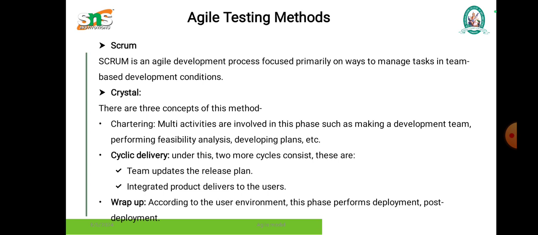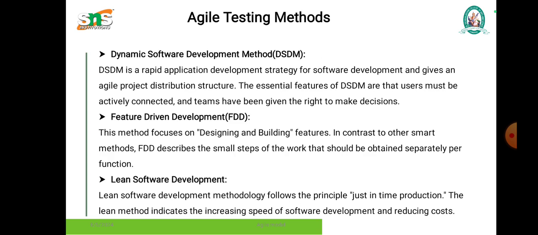In this method there are two more cycles: the team updates the release plan, and the second one is the integrated product is delivered to the users. And the third stage is wrap up, which is according to the user environment. This phase performs deployment and post deployment.